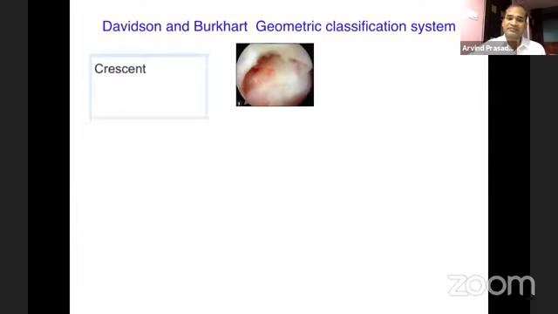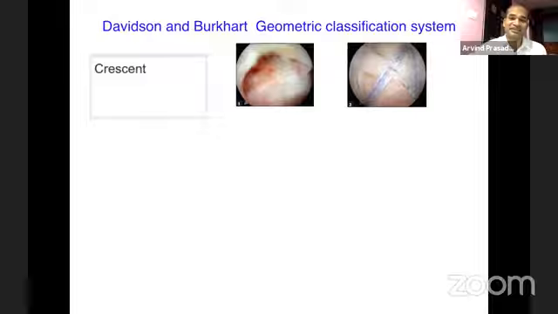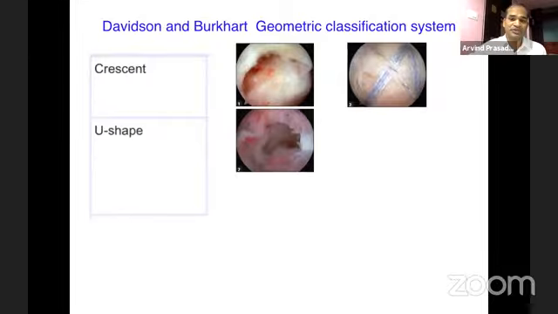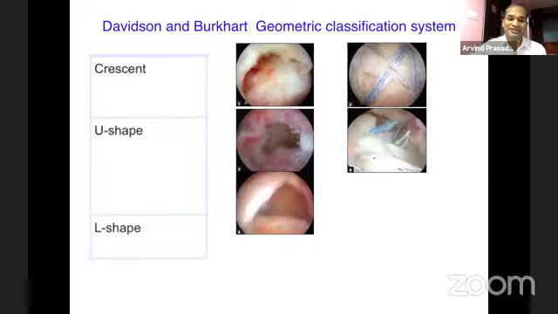Then the recent classification by Davidson and Burkhart depends upon the geometry of the cuff tear. Again, this helps in the surgical management. A crescent tear like this is treated with double row repair. A U-shaped tear again gets a double row. And there is the L-shaped tear, you can see here or here.